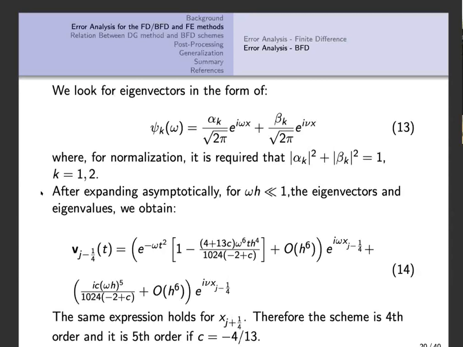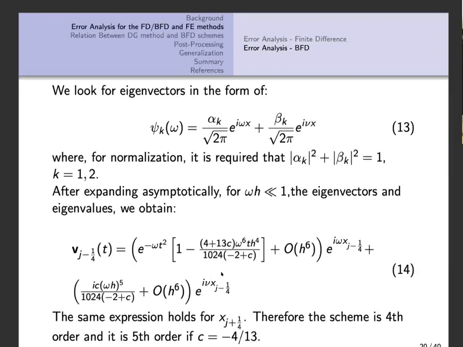We get the following asymptotic expression of eigenvectors and eigenvalue. We input them in the approximated solution, and then we can look at the expression as the linear combination, basically, of the two vectors that we described earlier.